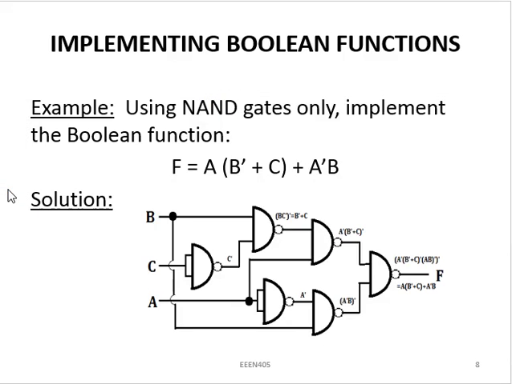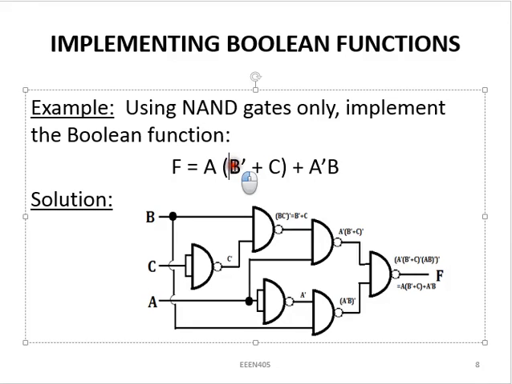And how we do this is, first of all, we look at what we have inside the brackets and try to implement it. For us to be able to do that, we say, okay, since in the bracket I have b prime, I will take real b and deliver it to one of the inputs of this NAND gate.